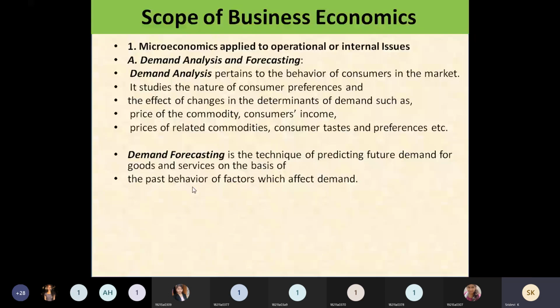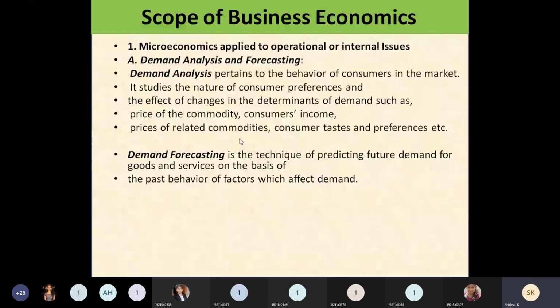That is another concept which is included in this demand analysis, which is called elasticity of demand. Elasticity means to what extent this change is going to be, the percentage change in the price and the percentage change in the sales. Not only price, all these factors, if the consumer's income is going to change, or the price of related commodities is going to change, each and every factor we are going to analyze in terms of percentages.